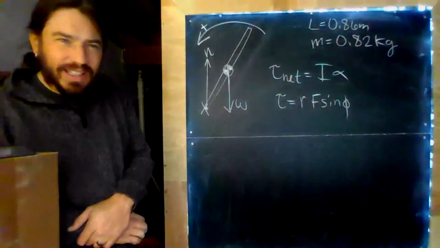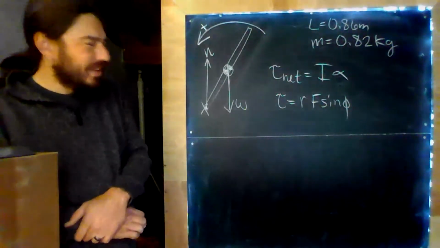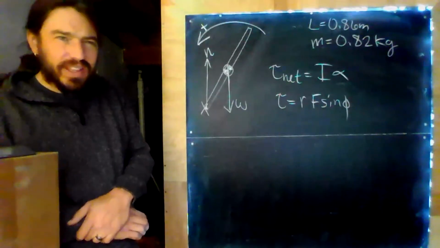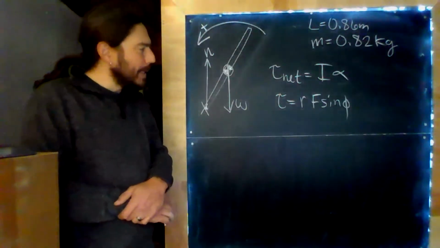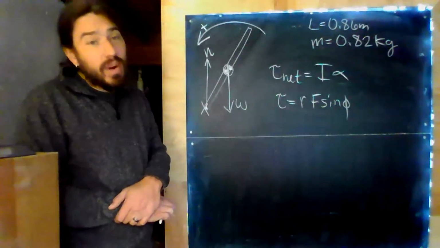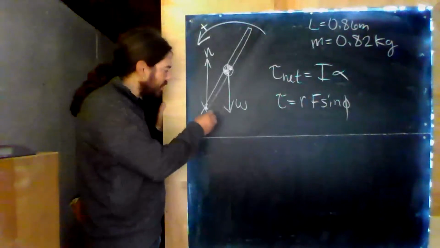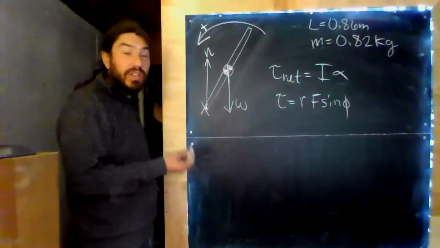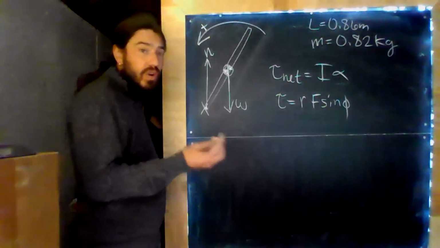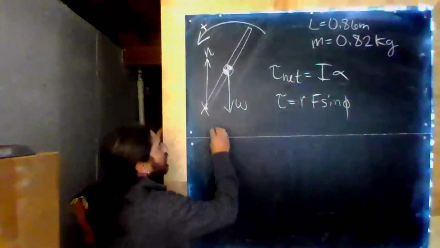I don't see any round things here, though, so maybe you are a little bit wrong. If there's no round thing, there's no radius, so it can't just be the radius. What it means is the distance from the pivot to where the force is applied. So, how far is it from the pivot to where the force is applied for the normal force? Zero. So the normal force creates no torque because R is 0.